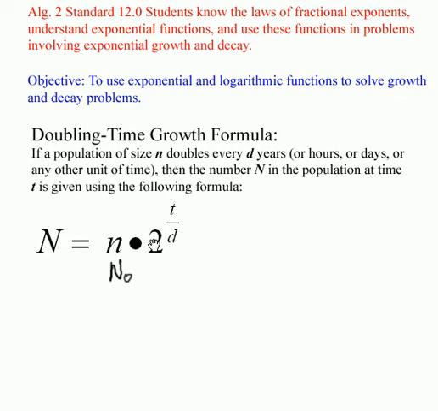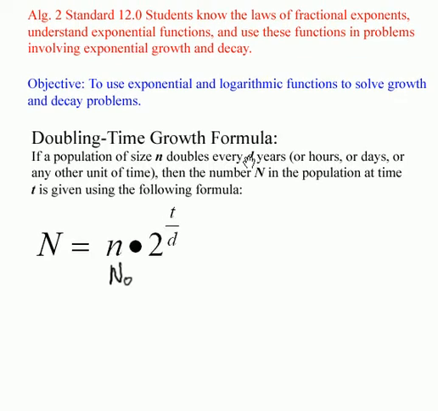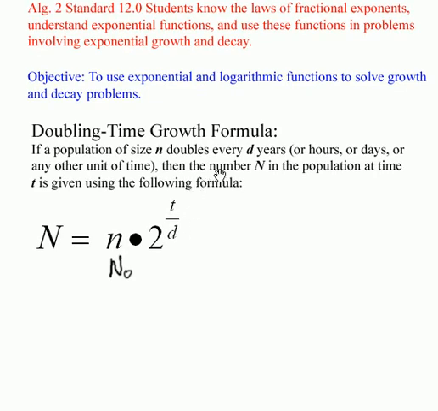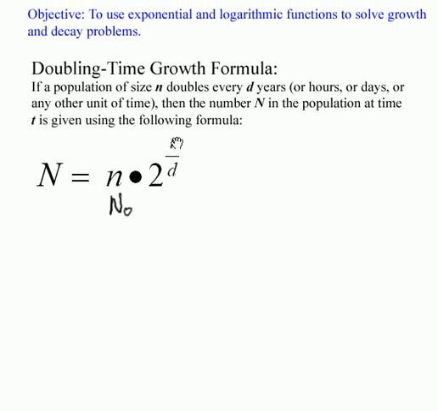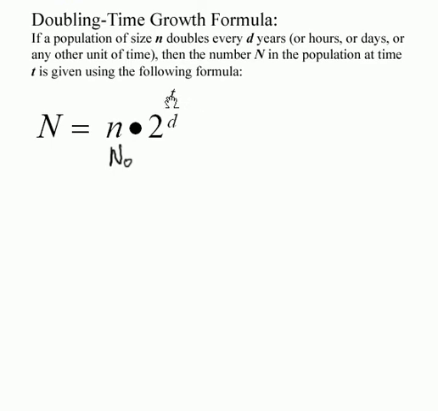And then D represents the days, years, hours, or whatever unit of time it takes for it to double. And then N is the final population, how much is left, or the final amount. And then T is how long we're letting everything grow in this particular regard. So let's take a look at an example or two and see how this goes.